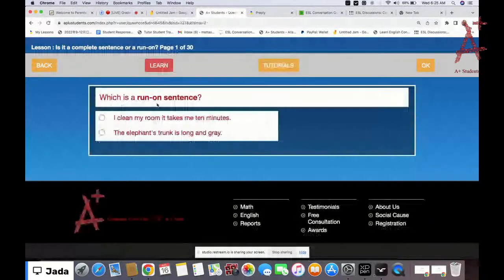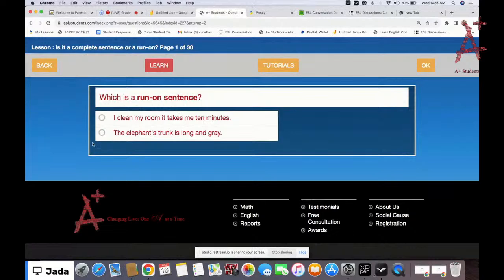Okay, so now which of these is a run-on sentence? I clean my room, it takes me 10 minutes. The elephant's trunk is long and gray.